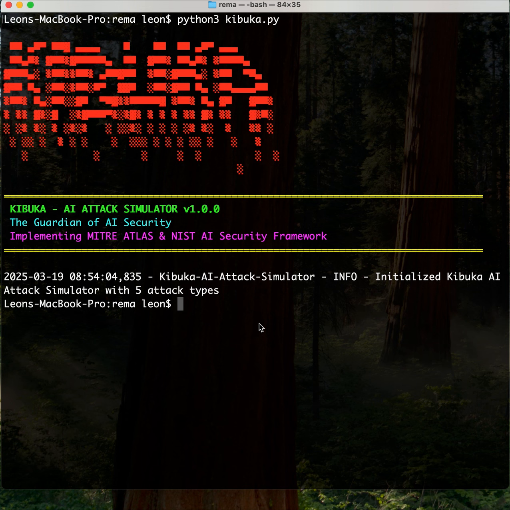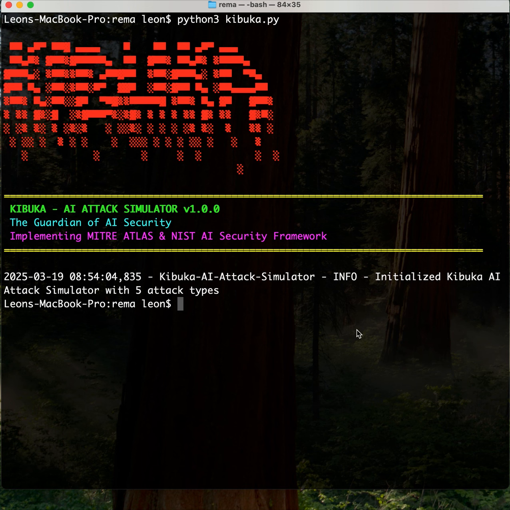So we have traditional security tools that are failing to address the unique vulnerabilities that come with AI systems, and that is where Kibuka comes in. What actually makes Kibuka different is that it is not just another security tool.